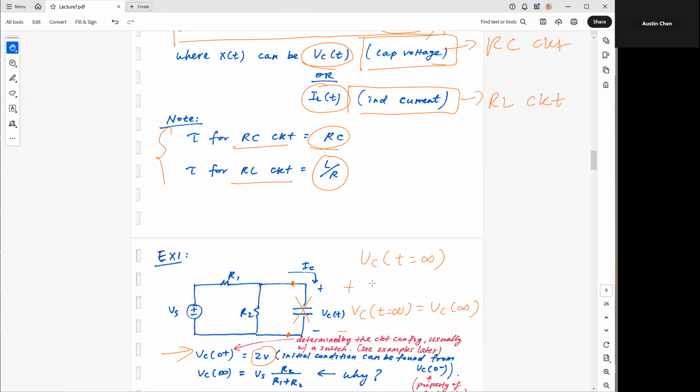We know that a voltage division will do it. To find the voltage drop across these 2 dots, all I have to do is find the voltage drop across this resistor R2. So I'll do R2 over the sum multiplied by Vs, and that will be my VC at infinity.